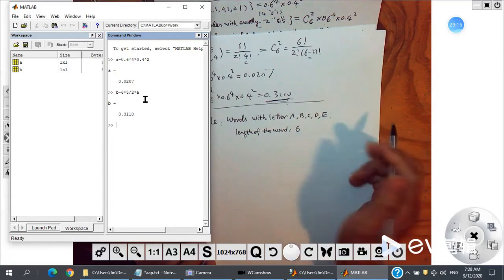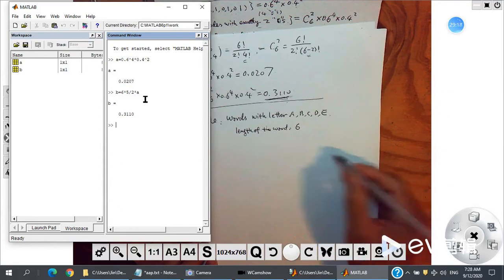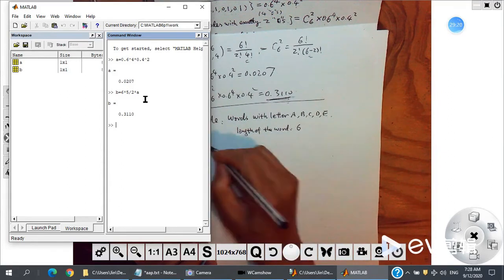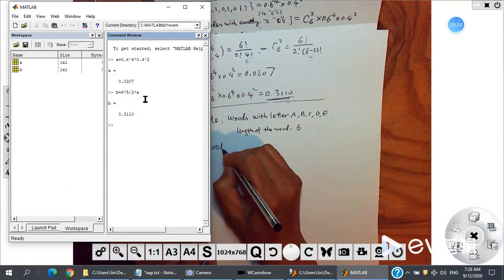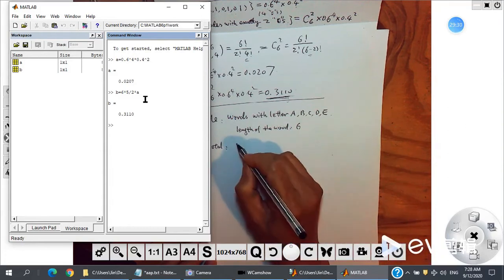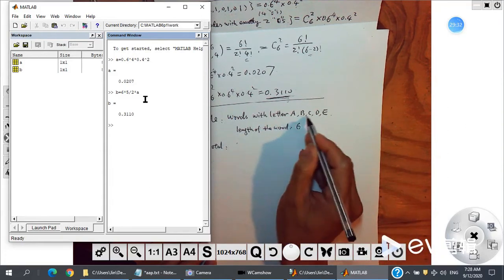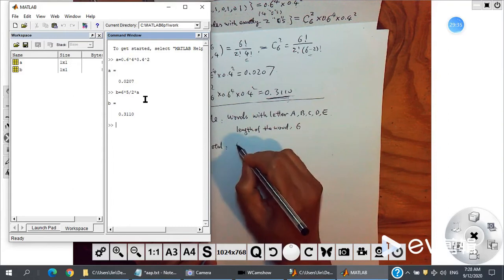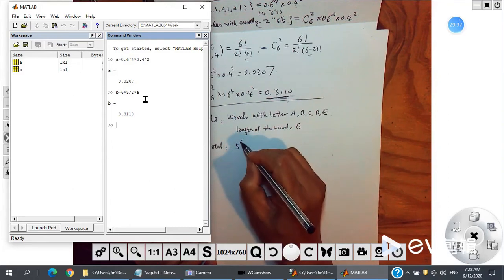And then we can consider several things, like the whole amount. How many words can we have? I have 6 locations, right? Each location I can choose any one of 5. So 5 to the 6. Right.